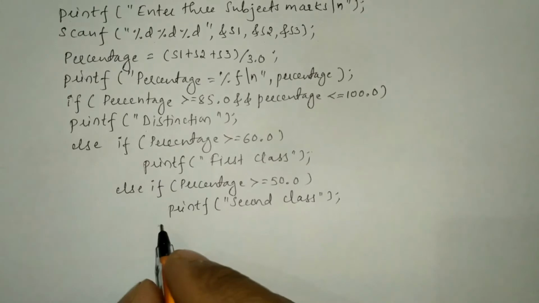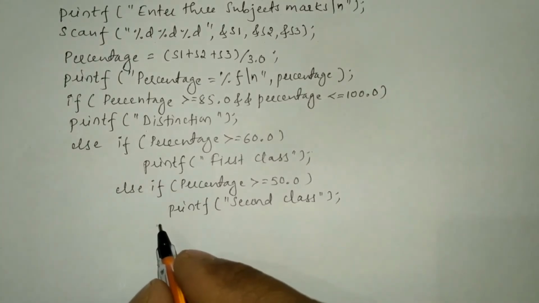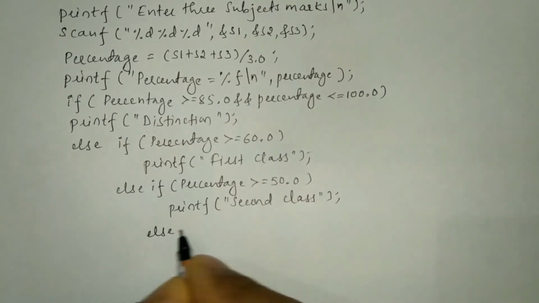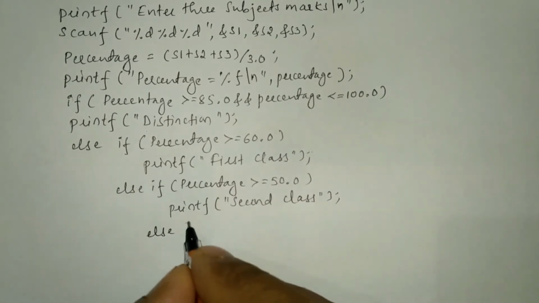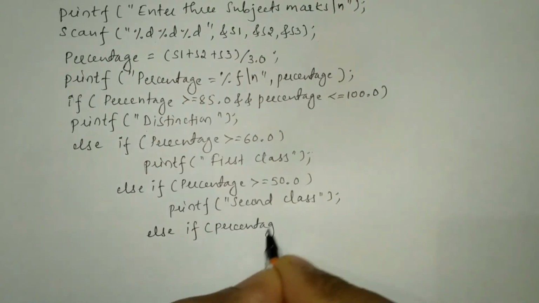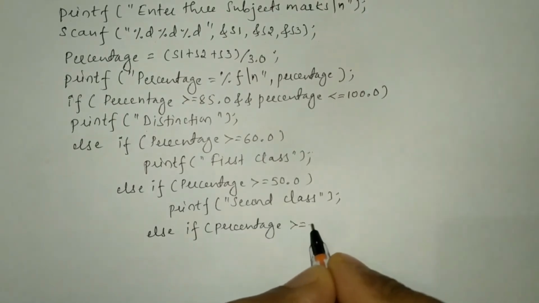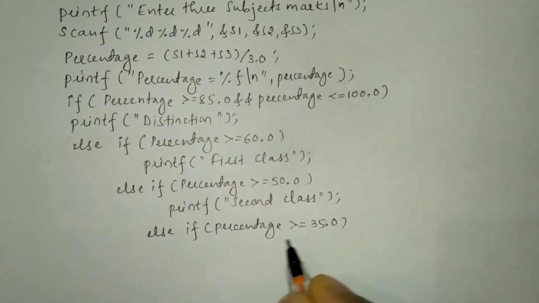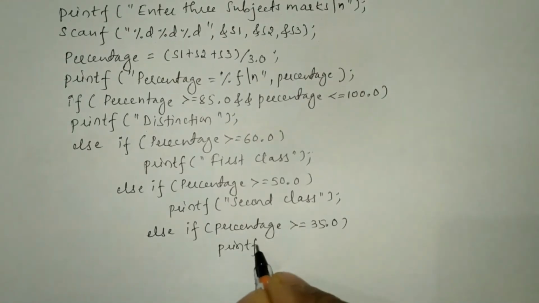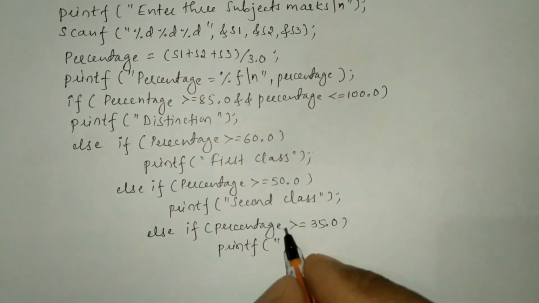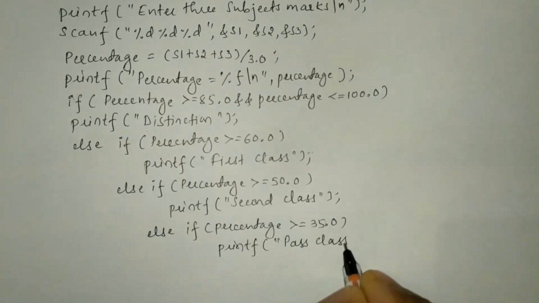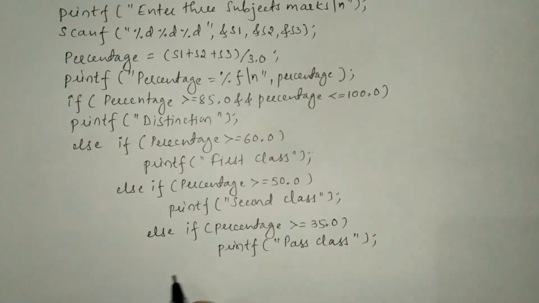Once again, we have to check one more condition, that is for pass class. Here I'm going to write else if percentage is greater than or equal to 35.0, then I have to print pass class. In a printf statement, in double quotation marks, I'm going to write pass class, end the double quotation mark, put semicolon.